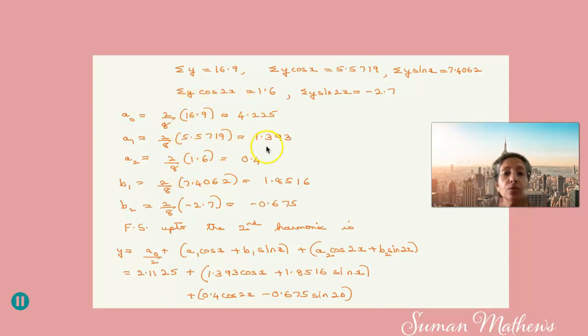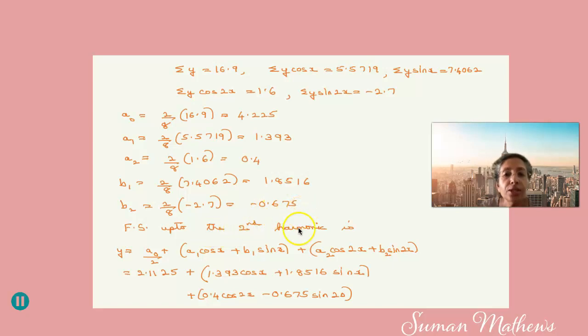That is 2 by 8 into 1.6, which is 0.4. Again, b1 is 2 by n summation y sin x. That is 2 by 8 into 7.4062, which will be 1.8516. b2 is 2 by 8 summation y sin 2x. That is 2 by 8 into minus 2.7, which is minus 0.675.